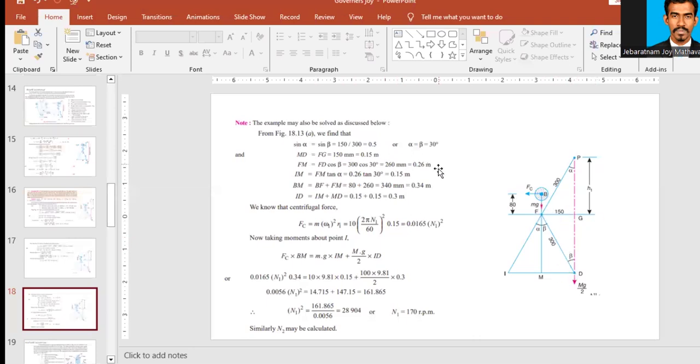From that, we can find this length, DG and PG. If we know any of these lengths, we can find this length exactly similar to this. So this is also another method we solve this, just finding the lengths in a different method.